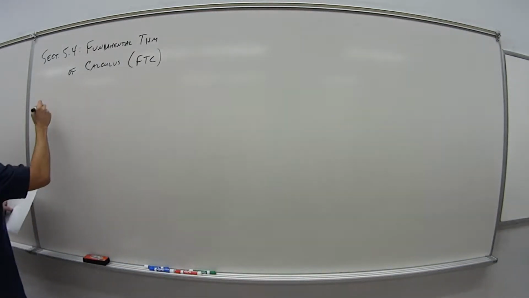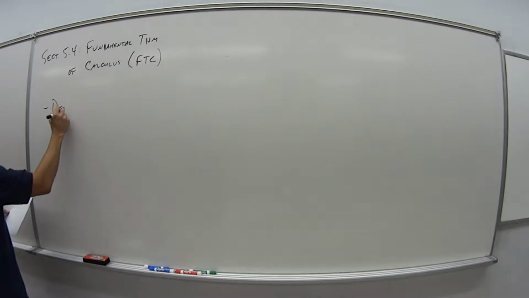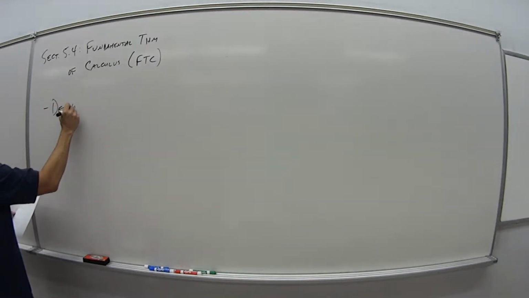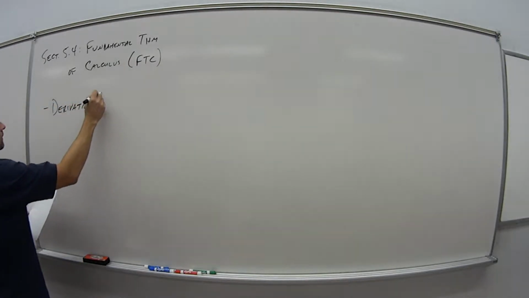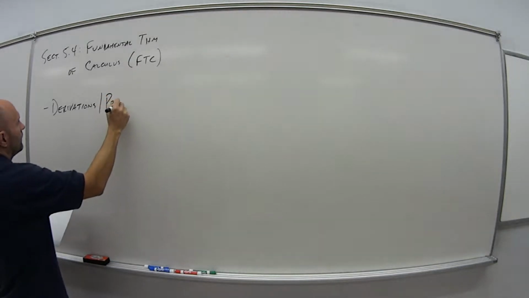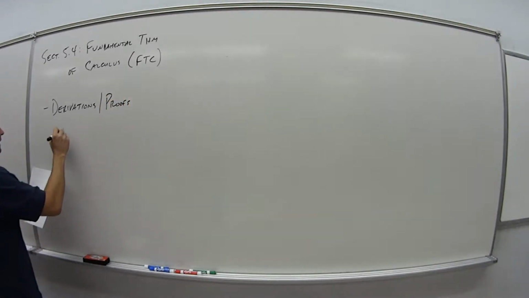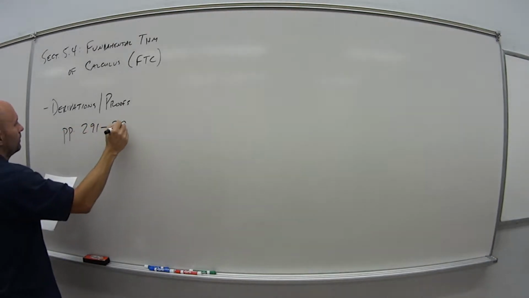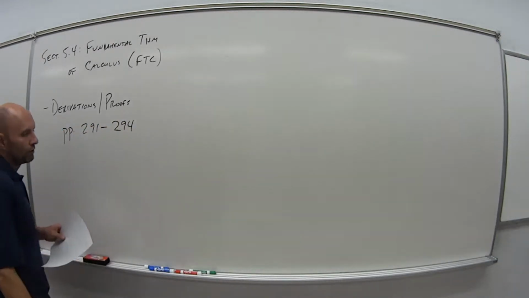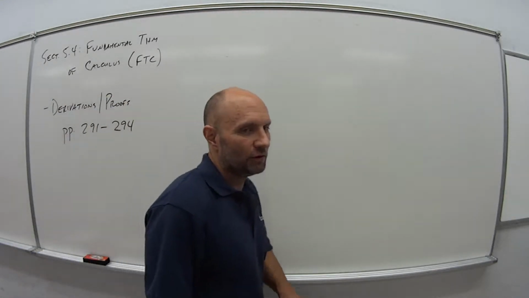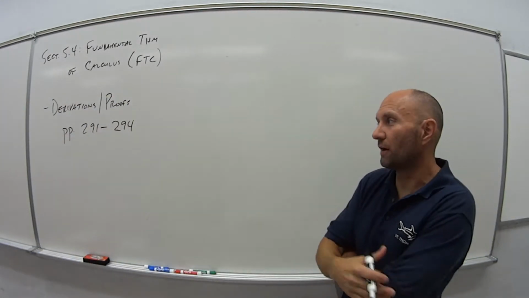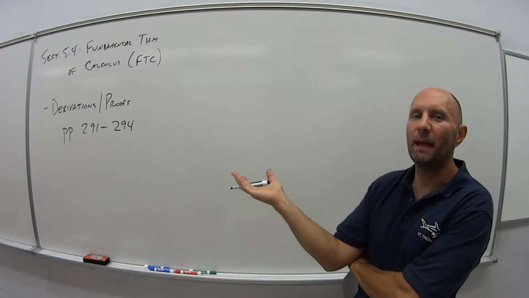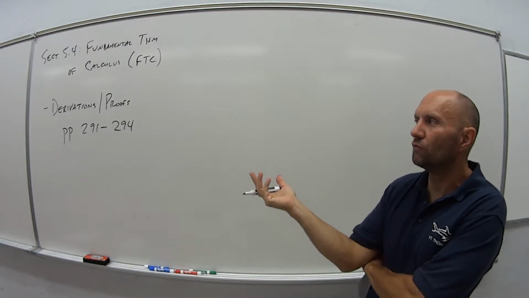So again, the derivations and proofs are on pages 291 through 294. You know by now I don't spend video time on this, and you can see why: three pages of derivation and proof.